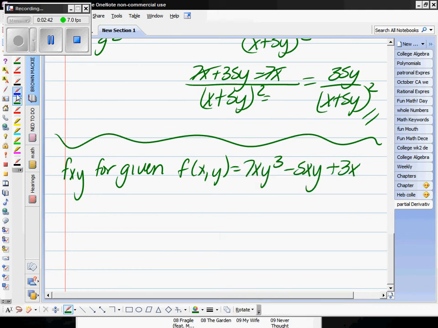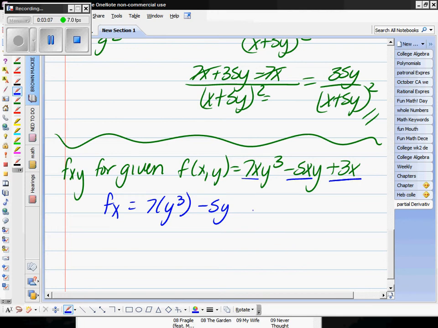3x. So if I find the derivative of f with respect to x first, the derivative of 7x will just be 7, and then I'm left with the y cubed. The derivative of 5x is just negative 5, and then I'm left with the y.